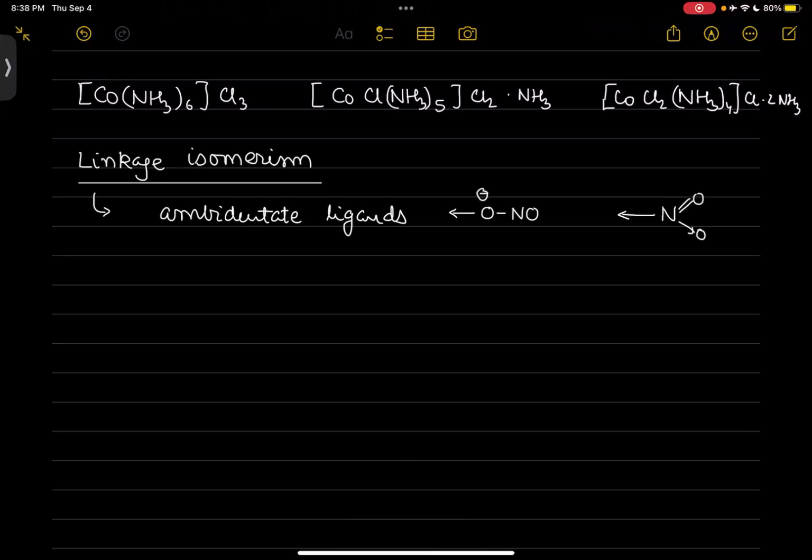So this type of isomerism can only be shown by complexes containing at least one ambidentate ligand. At least one ambidentate ligand should be there, right?